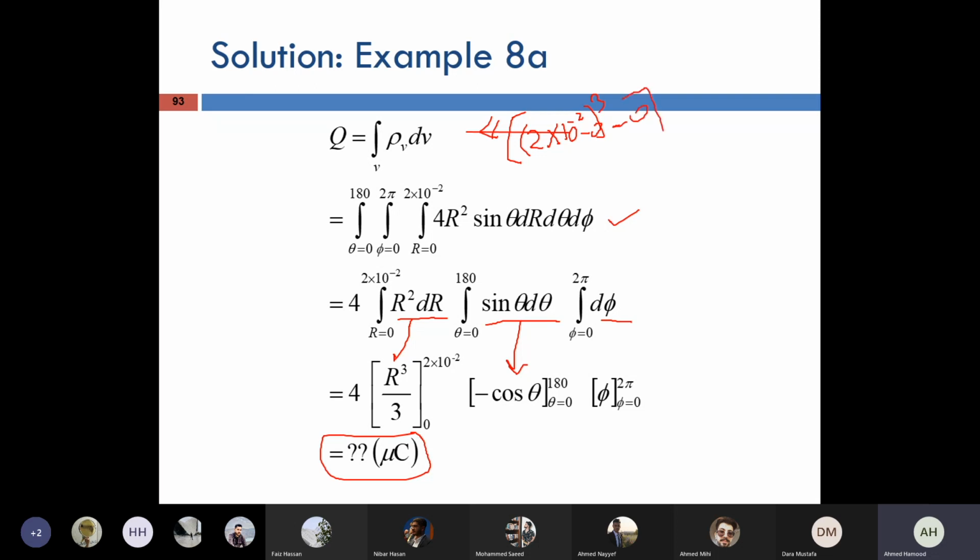This is number 1. No, sir, I got 0.33. I made a mistake, 0.33. Yeah, let's calculate it together. So I have a negative multiplied by negative cosine 180.